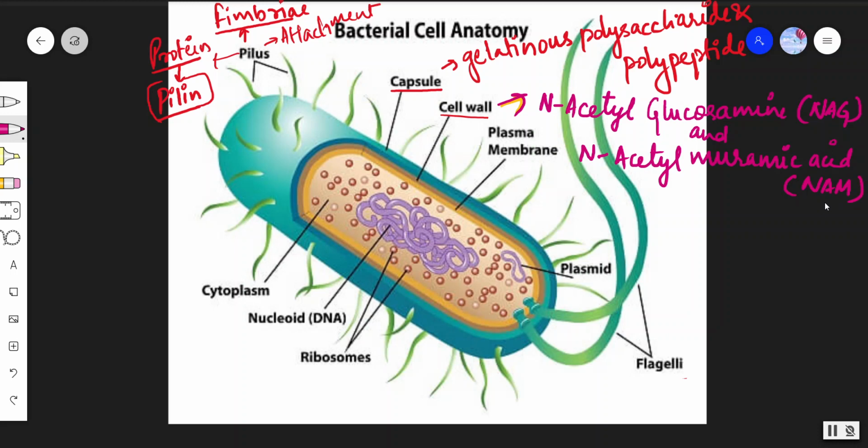Clear? So the cell wall also contains magnesium ions which bind to teichoic acid to provide stiffness.